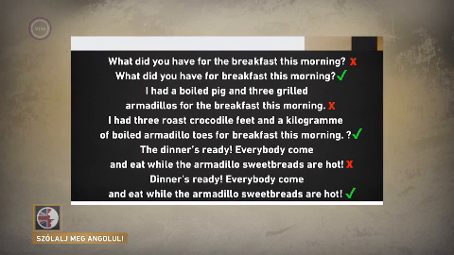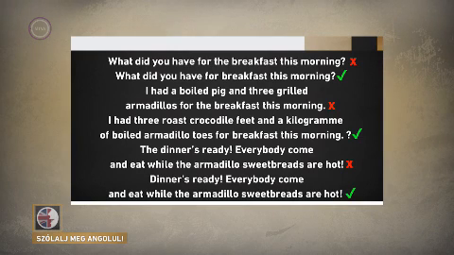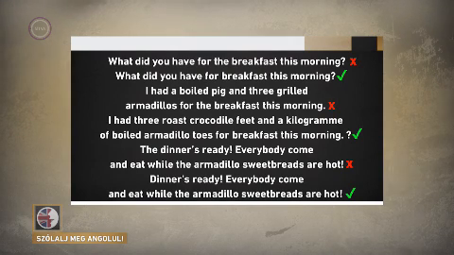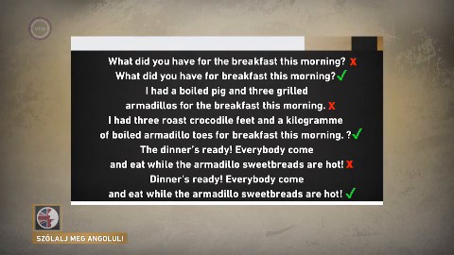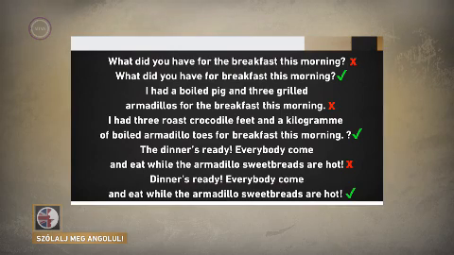I had 3 roast crocodile feet and a kilogram of boiled armadillo toes for breakfast this morning. Dinner's ready. Everybody come and eat while the armadillo sweetbreads are hot.